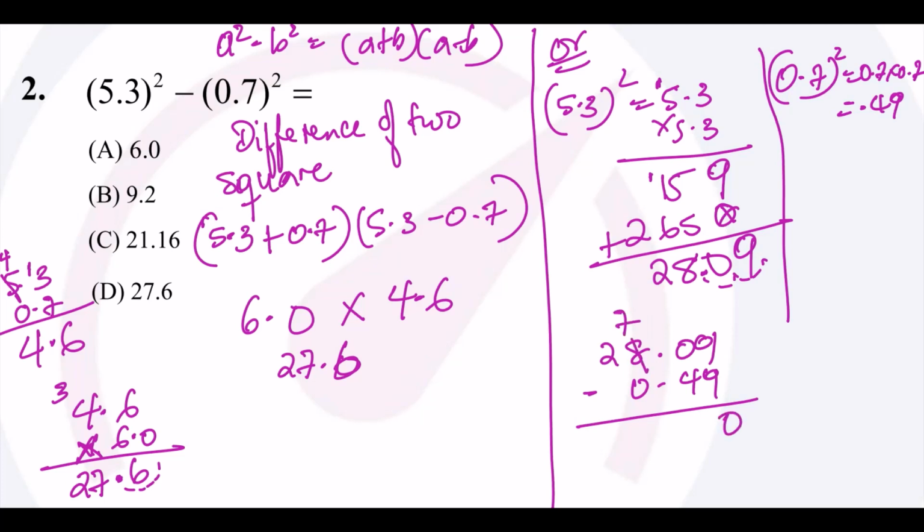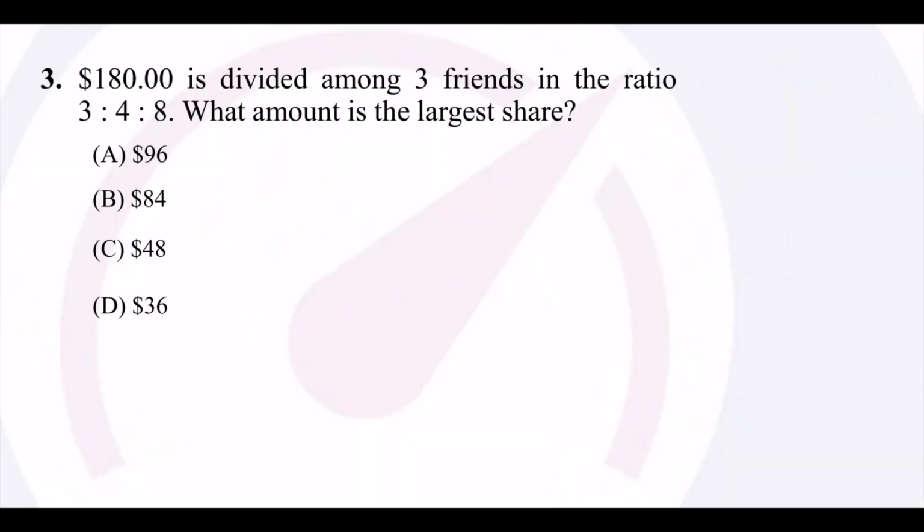Take 1, leave 7. So 4 from 10, 6. Then 7 minus 0, 7. And 2 minus 0, 2. So we get the same answer. Whatever way you are comfortable with, go ahead and do the method that suits you.